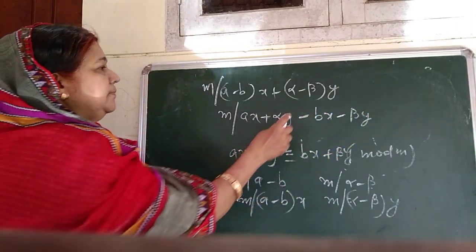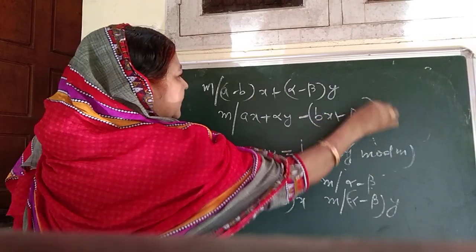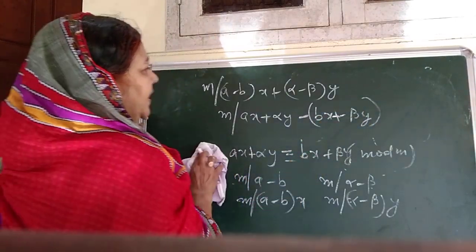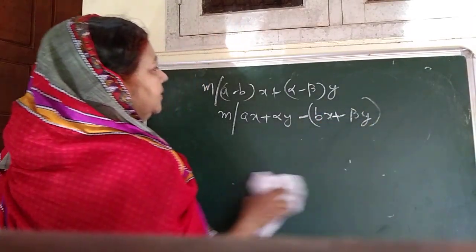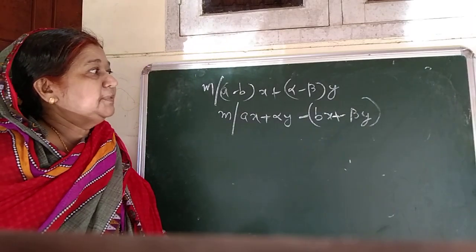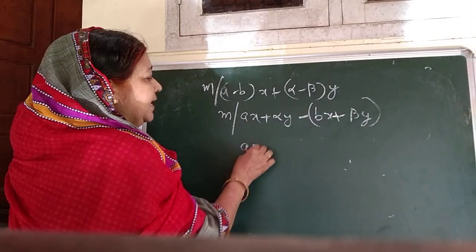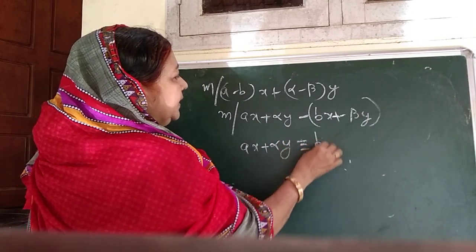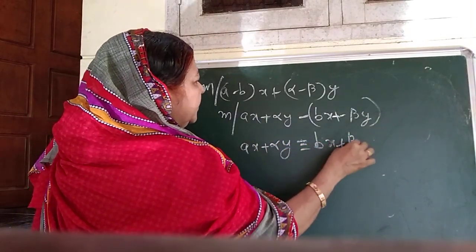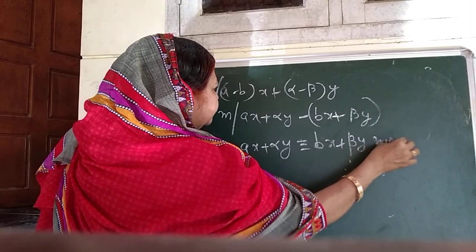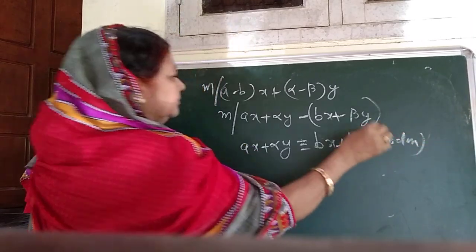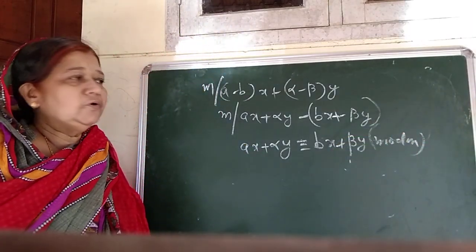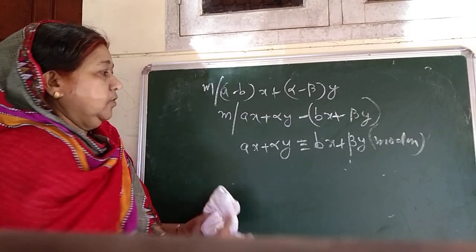That is, m divides a x plus alpha y minus b x minus beta y. That is, a x plus alpha y is congruent to b x plus beta y mod m. It is the linearity property of this congruence.